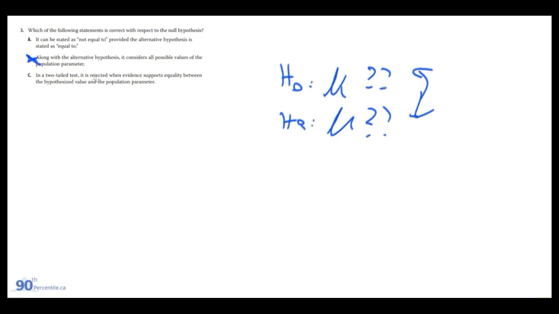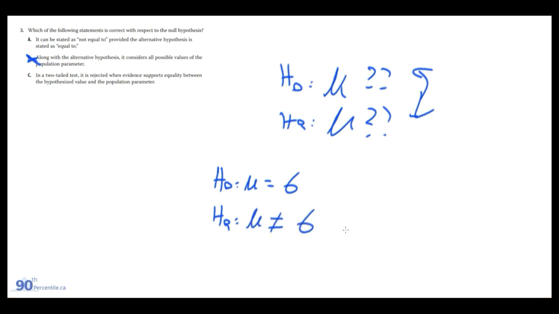In a two-tailed test, the null is rejected when evidence supports equality between the hypothesized value and the population parameter. So if we say a two-sided test would be something like this, where we have the null as the mean is equal to 6, then the alternative would be the mean is not equal to 6.